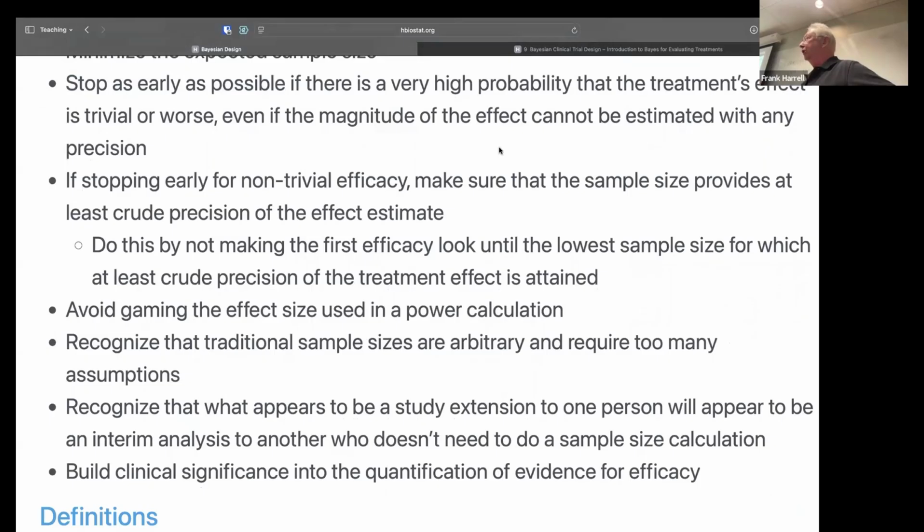So what most futility calculations fail to recognize is that if you're not futile, but you keep the study going to the end, and you have a p-value of 0.049, and you have a 2 millimeter reduction of blood pressure that no clinician cares about, you can't call that much of a success. So we're going to recognize that we would like to have some evidence of something more than a trivial effect in our futility stopping rule.